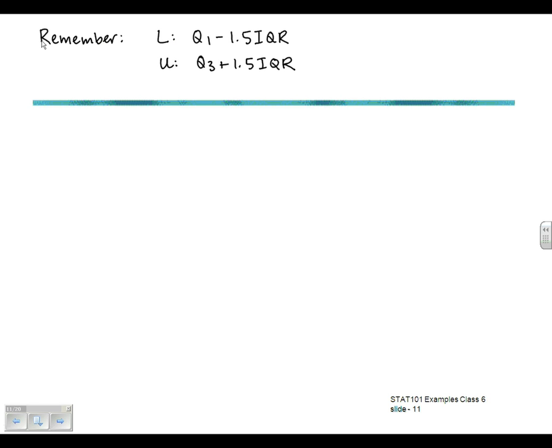So that's how we're going to calculate those values. In order to do that, we first need to find the Z value for the quartiles.